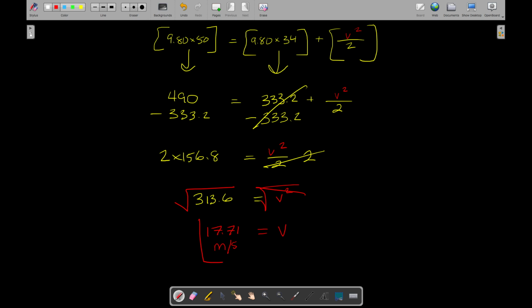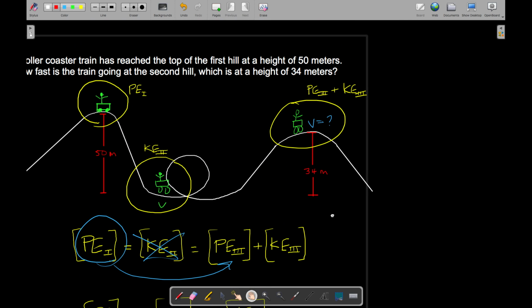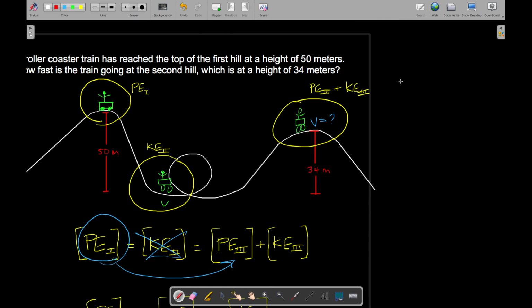This is how fast the roller coaster is moving on the second hill, the top of the second hill. We can say that the roller coaster car is moving at a rate of 17.71 meters per second. And that's our answer.